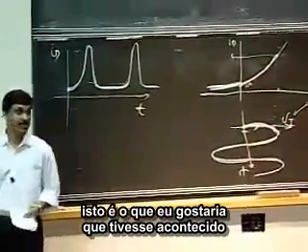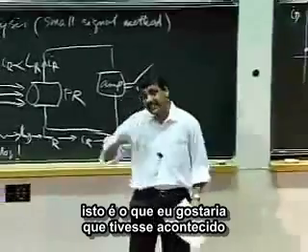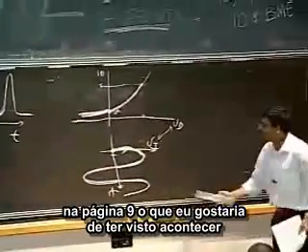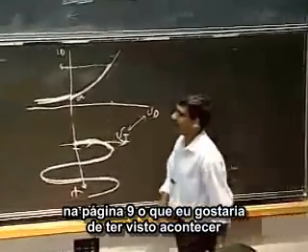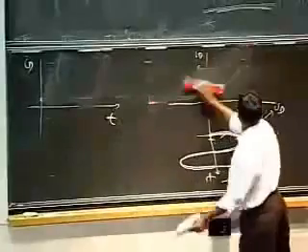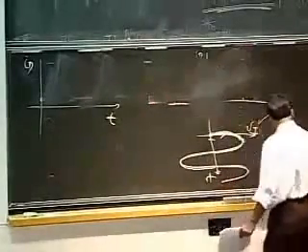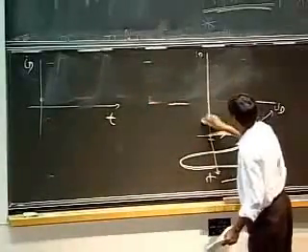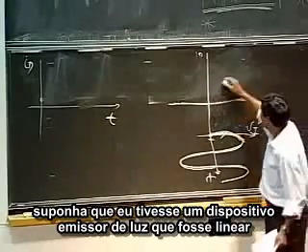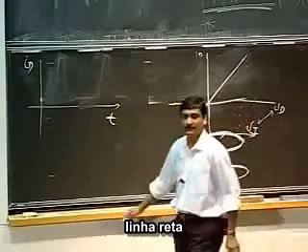Switch to page 9. Now this is what I would have liked to have happened. So on page 9, what I would have liked to see happen is this. Suppose I had a light-emitting device that looked linear.